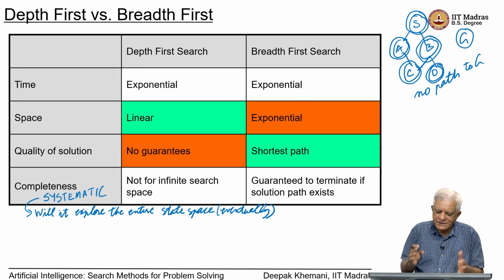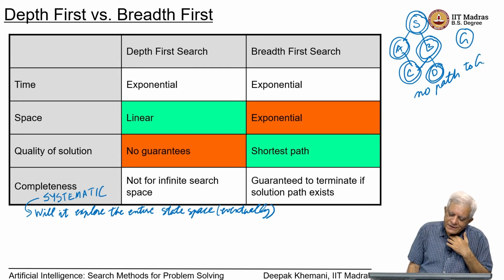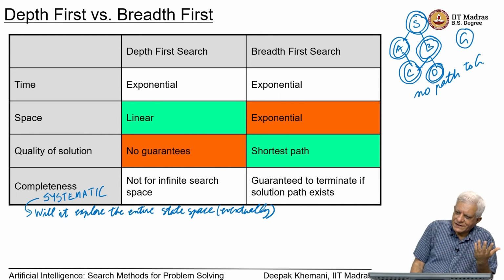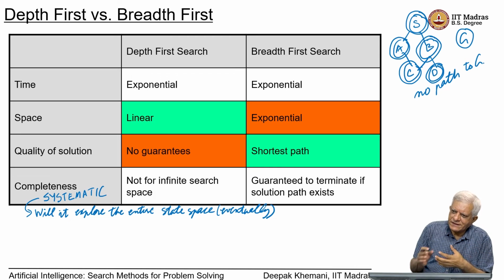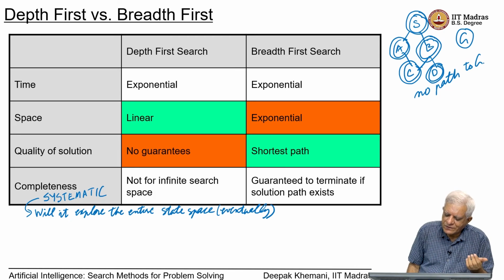So, you can imagine infinite state spaces, for example, number systems, which have infinite nodes because there are infinite numbers, and you are looking for numbers with certain properties, maybe numbers which do not satisfy Fermat's last theorem. Are there 3 numbers such that Fermat's last theorem is not true for them, or something like that.